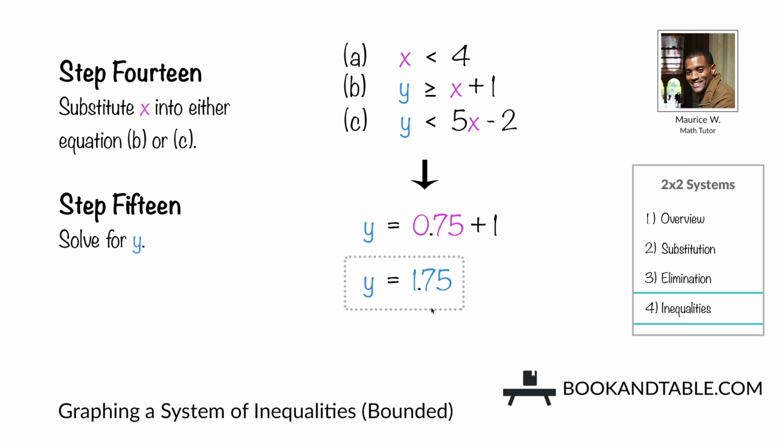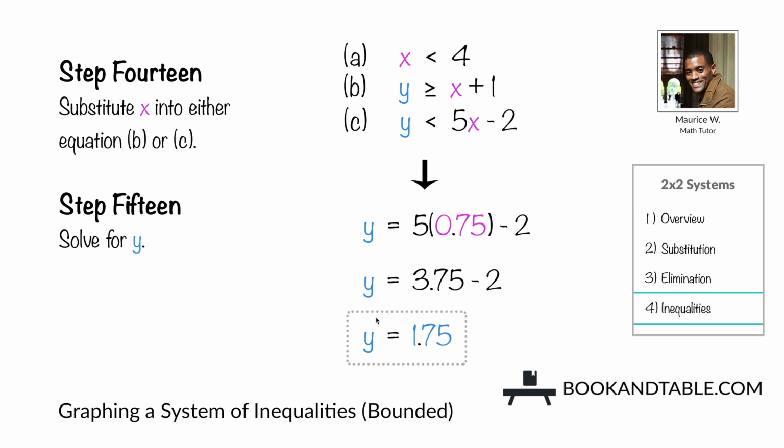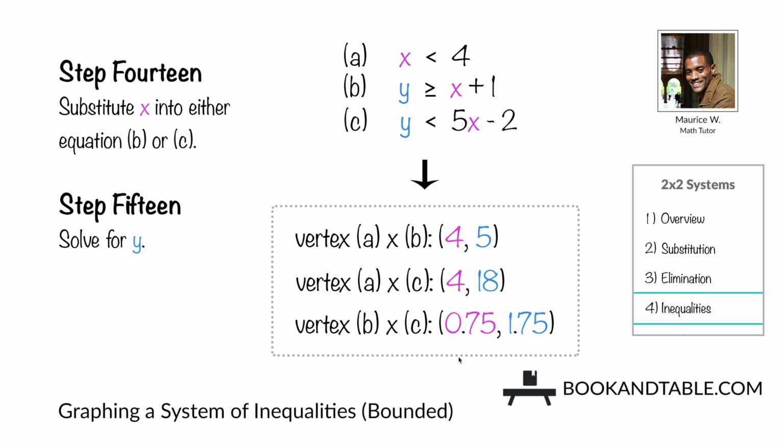Or you could have plugged it into C, which should give you 5 times 0.75, which is 3.75. And then 3.75 minus 2 is equal to 1.75 as well. So the vertex for BC is where x is 0.75 and y is 1.75.